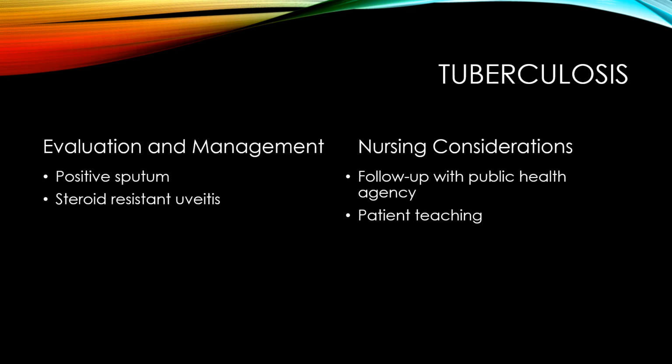Findings of intractable steroid-resistant uveitis require further evaluation for possible systemic causes. Uveitis caused by a tubercle bacillus is one of several uveal inflammations curable with antibiotics. So we'll see antibiotic therapy for these patients that will resolve their uveitic symptoms.